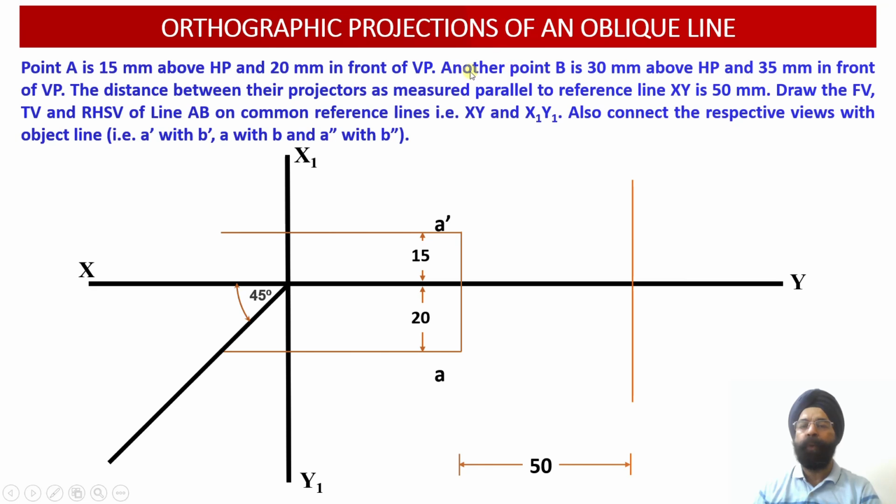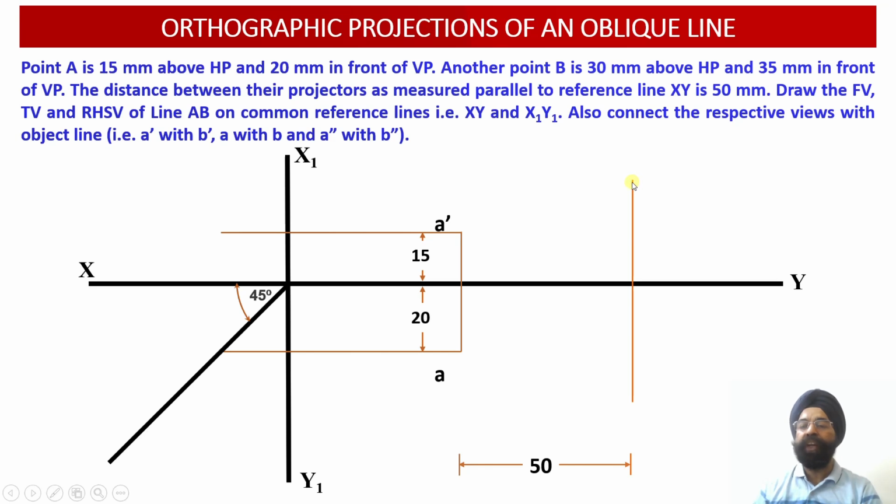We know that point B is located in such a way that it lies 30 millimeter above the horizontal plane and 35 millimeter in front of the vertical plane. So point A as well as point B lies in quadrant number 1. That is why we had discussed that this line AB lies in the first quadrant.